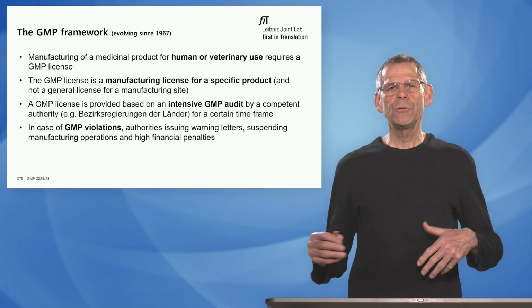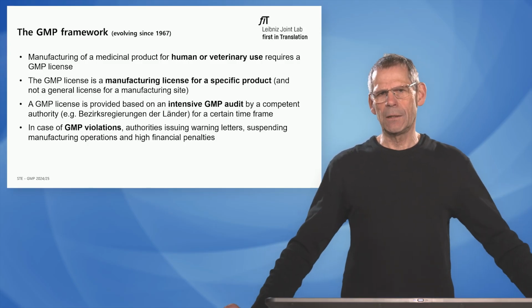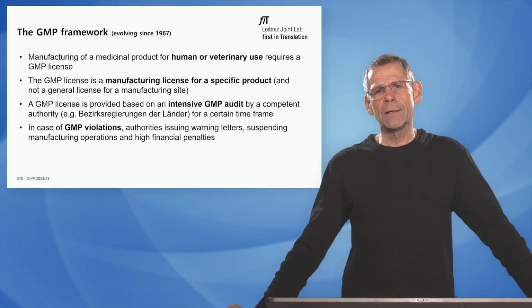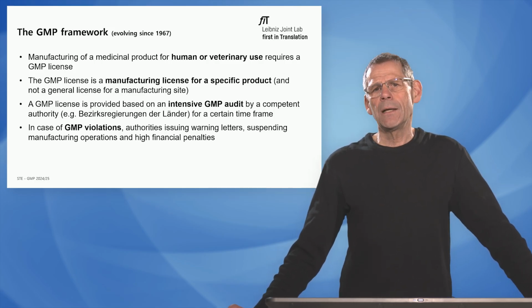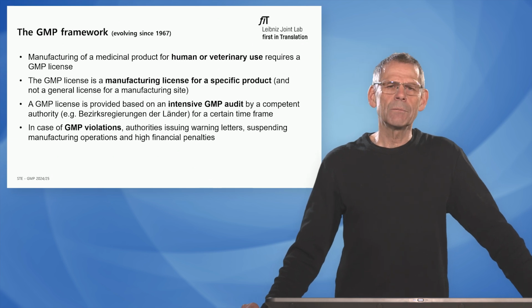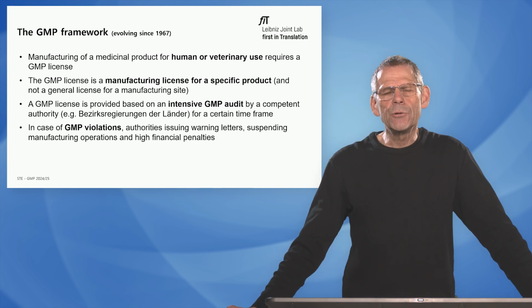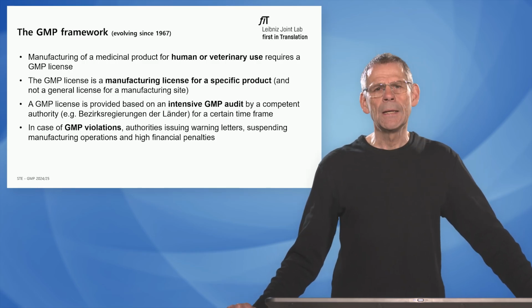And if we do not follow this, and if we are not replying in accordance with the expectation of the authorities, then there might be huge financial penalties and also recalls from the market of the product when it is not produced in conformance with the GMP rules.